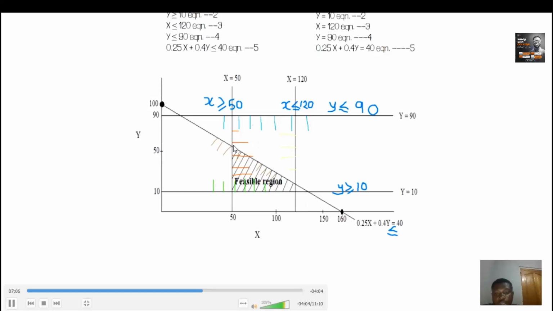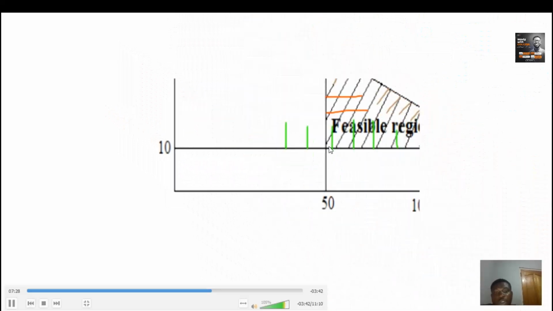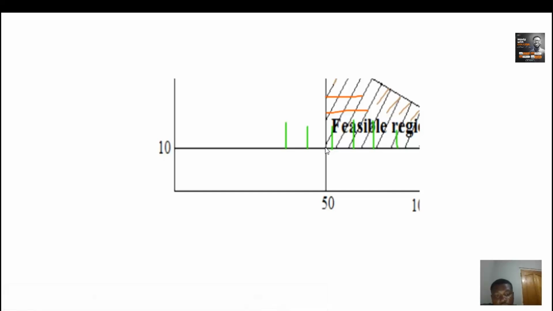After knowing our feasible region, we have to get the points, because the assumption states that the maximum or the most optimal solution will come from the corners of the feasible region. So we have to know the points of the various corners of the feasible region.